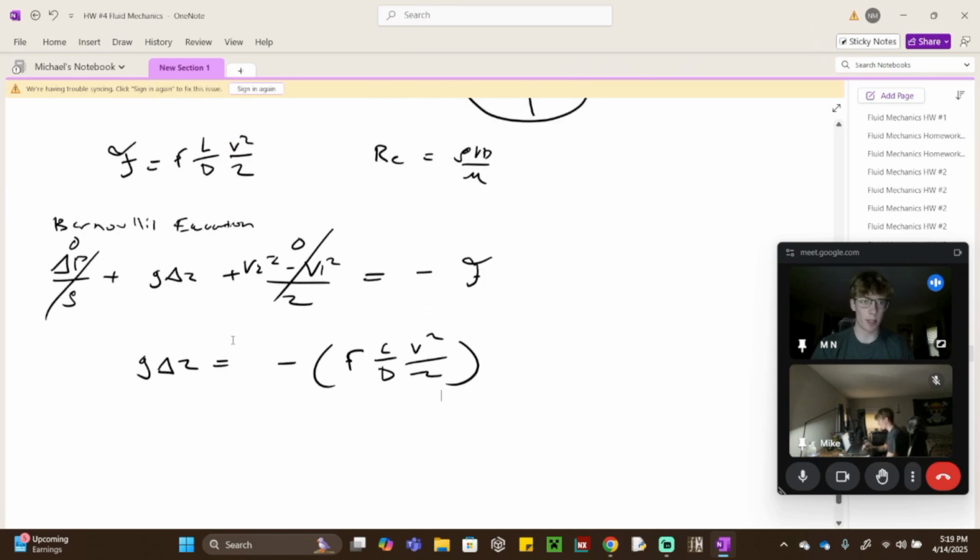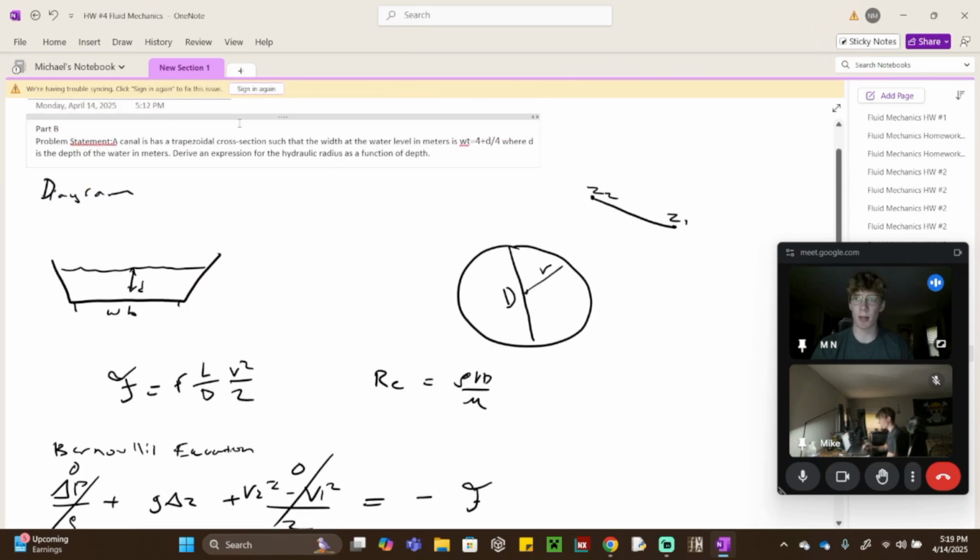So now that we have this equation, let's think about how we can derive an expression for the hydraulic radius as a function of depth. The way we're going to do this is we're going to remember that the shear stress at this point right here on our circular pipe is going to be equal to the shear stress found on the walls of our trapezoidal canal.